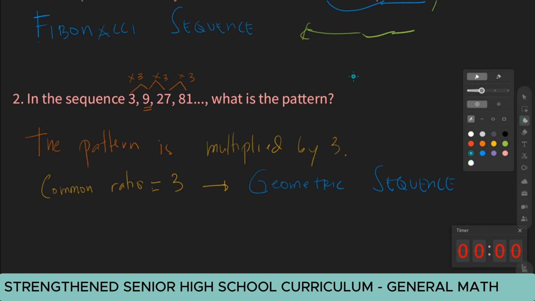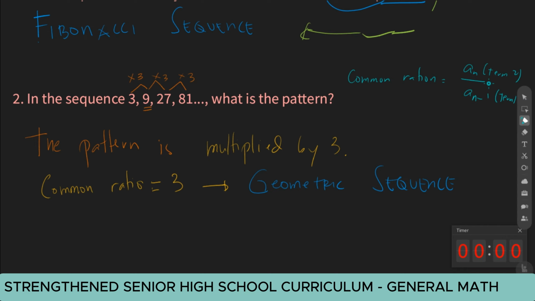In order for us to get the common ratio, the formula is a sub n over a sub n minus 1. Let's say this is term 2 and this is term 1.